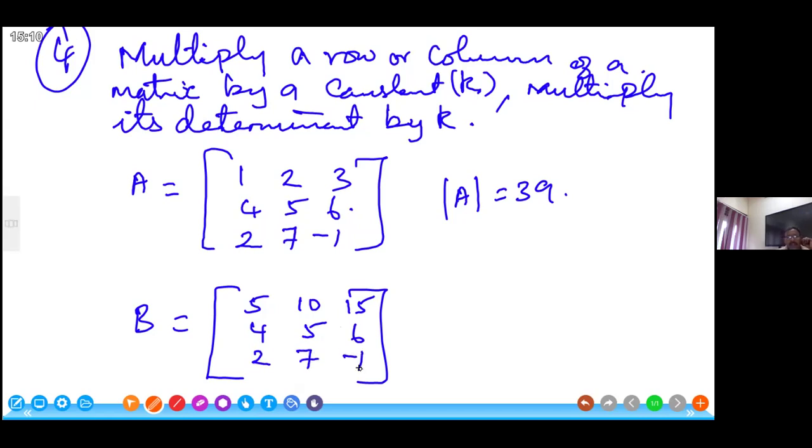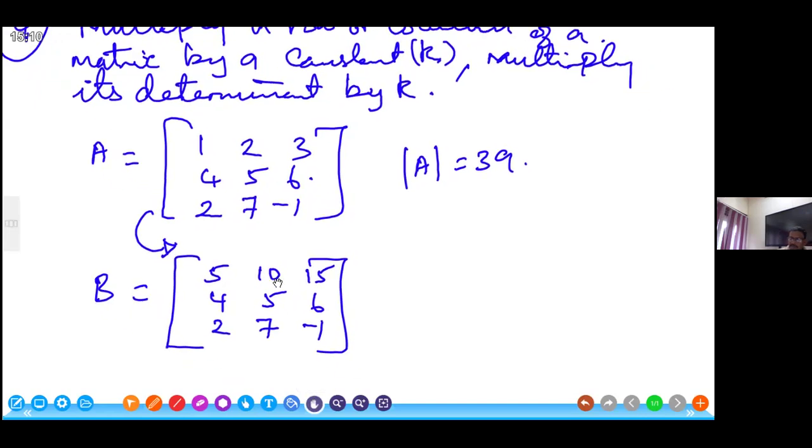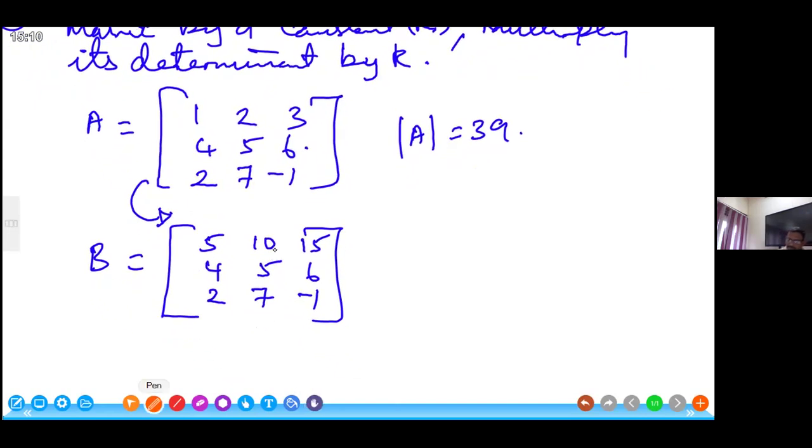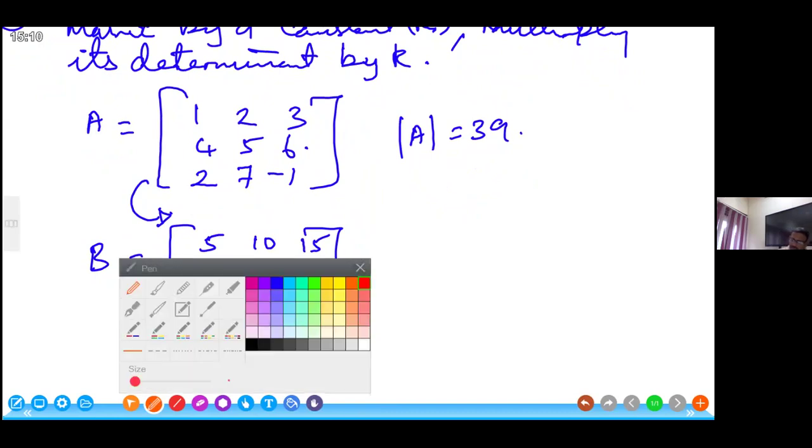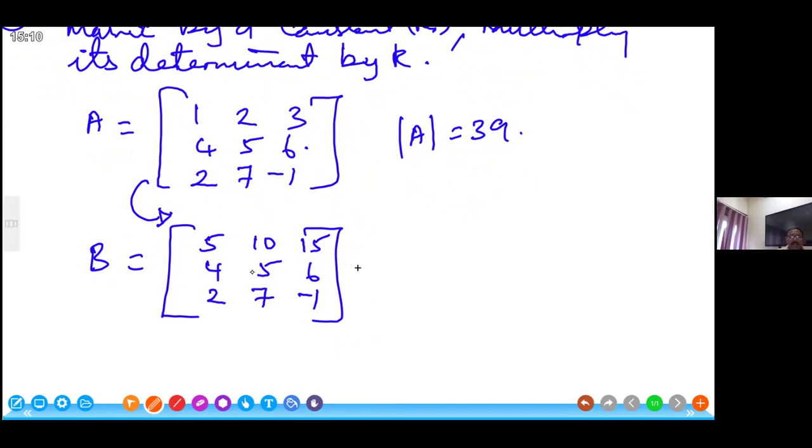Can you tell me what did I do? What is the difference between these two matrices? Second row and third row are same. Yes. First row has been multiplied by 5, isn't it?